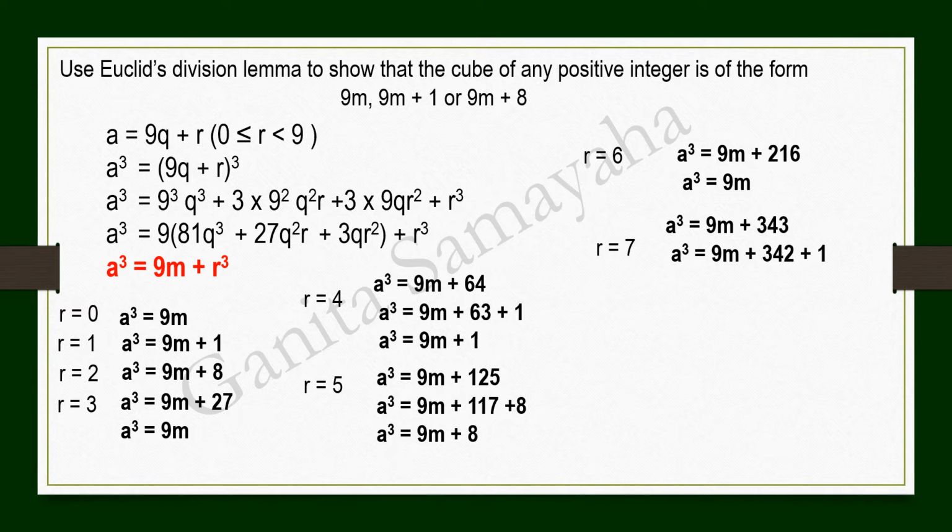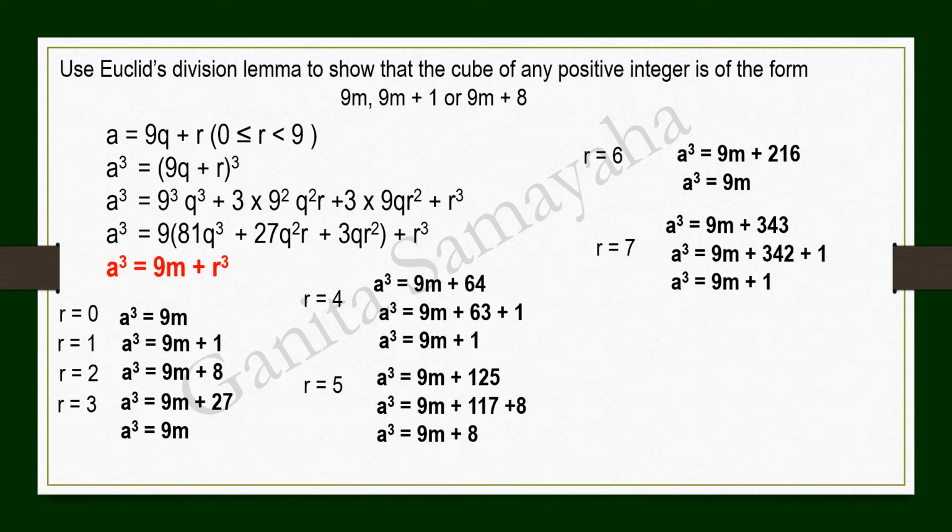So very easy to write: 9m plus 342 plus 1. So 9m plus 342 is again a multiple of 9. 9m is a multiple of 9, 342 is a multiple of 9. So 9m plus 342 is a multiple of 9, which we are writing as 9m plus 1.